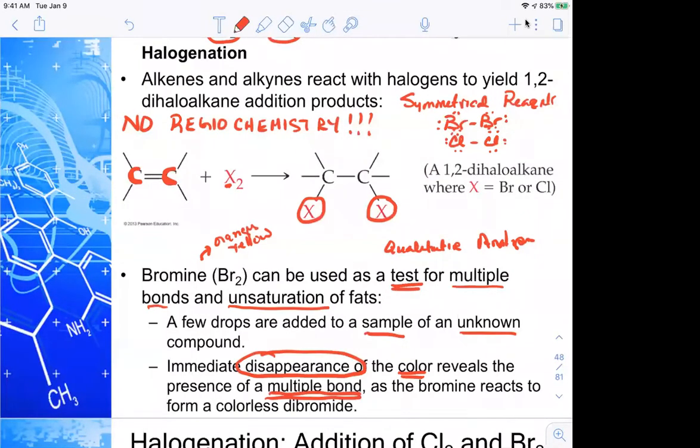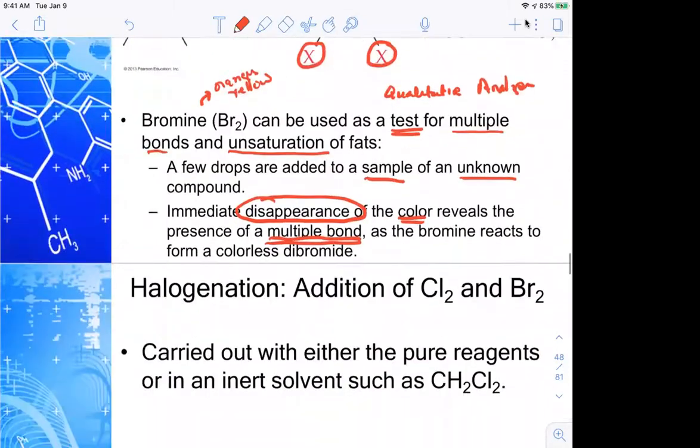If the color persists, that means that bromine is still there. So if the color stays and never leaves as soon as I add the bromine, it's not reacting, which means there is no multiple bond. So this is actually a cool little test that you can do for alkenes and alkynes.